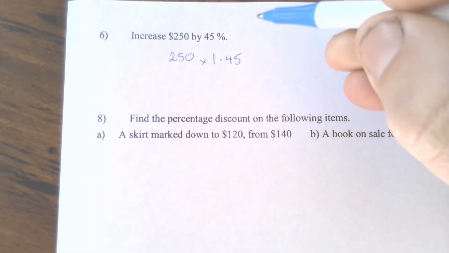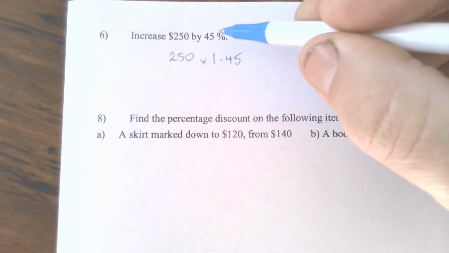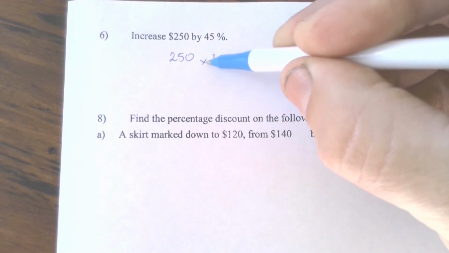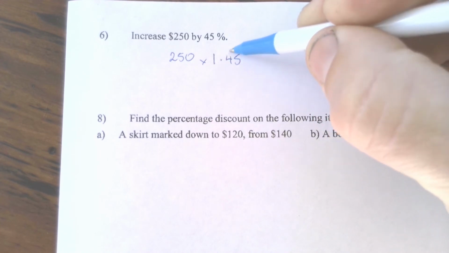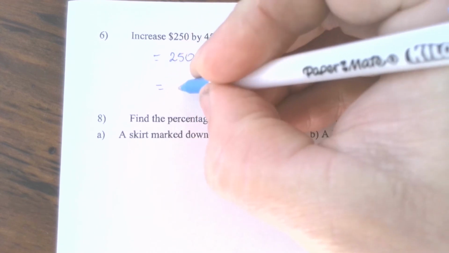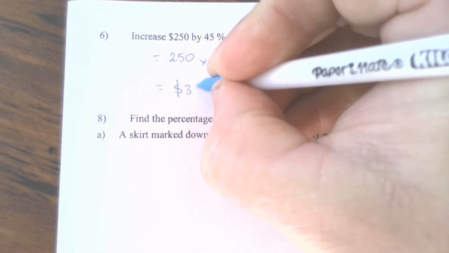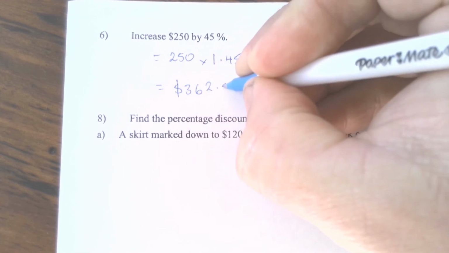In other words, what you've actually got is a 145% increase, okay? You've got the original 250 and then you've got an extra 45%, okay? And then you just pop that into your calculator and you'll end up with $362.50.